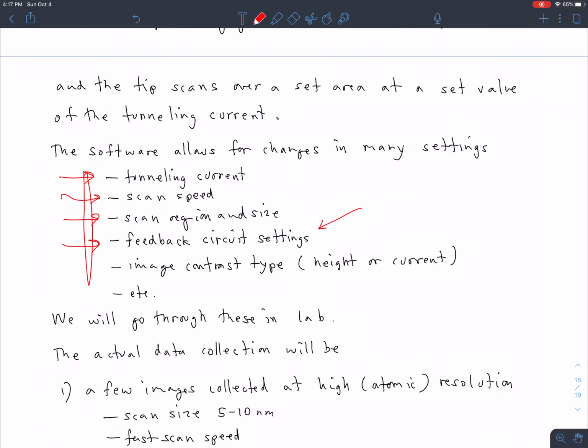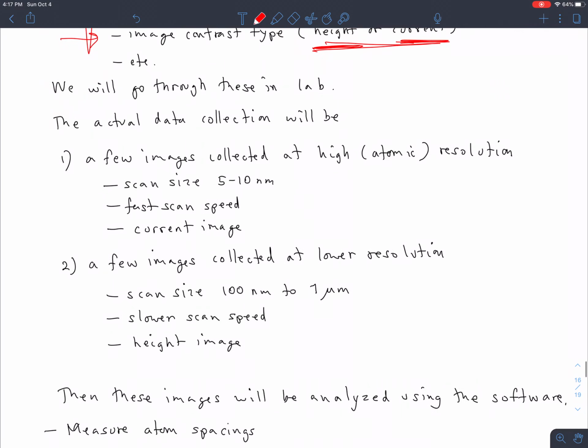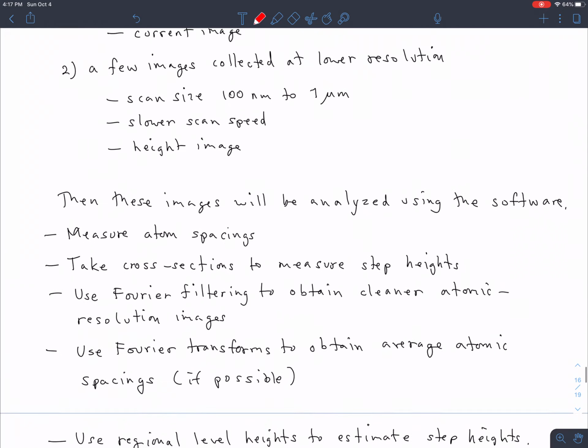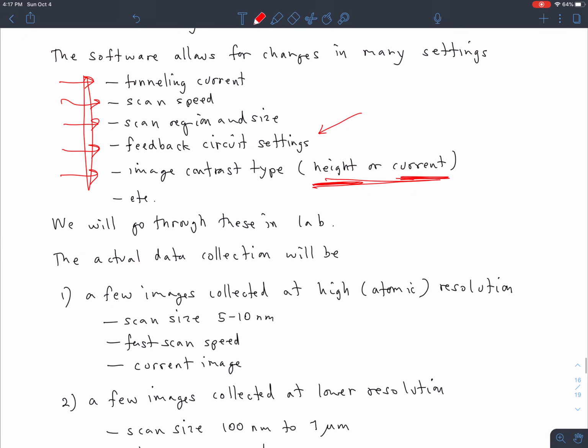We'll be adjusting and optimizing those feedback settings. And then there are different kinds of scanning contrast types. You can measure the height at which the tip is over the surface, or you can measure differences in current as you're scanning over the surface. Both of those are viable ways of getting a good image, and so on. All right, I think that's enough for today, and we'll talk more on Tuesday.